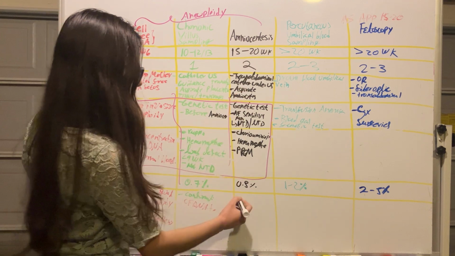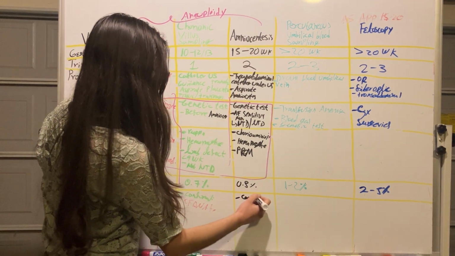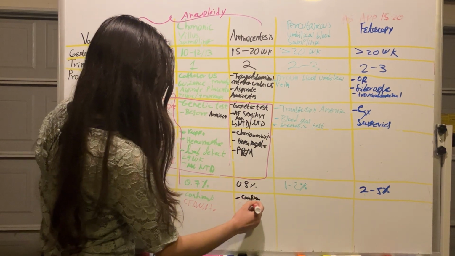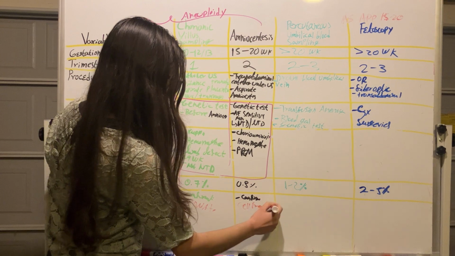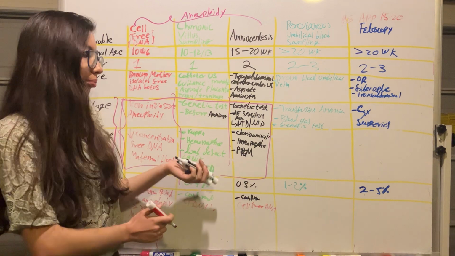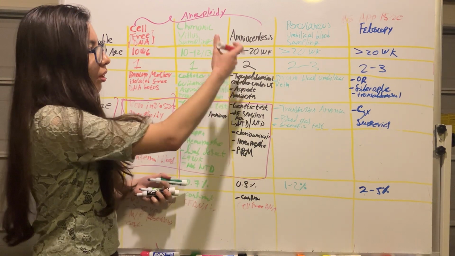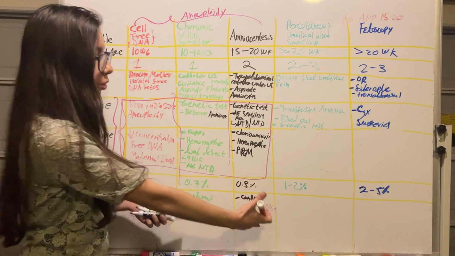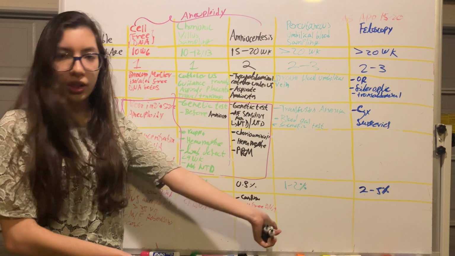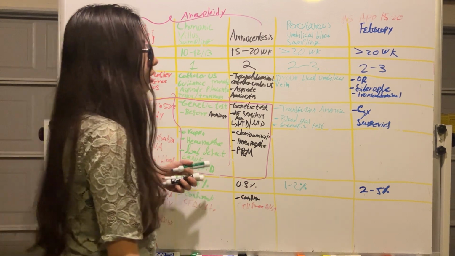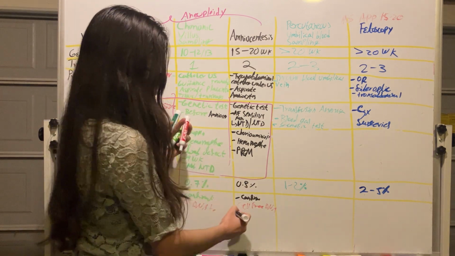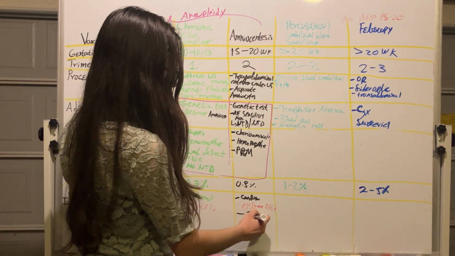So indications for amniocentesis: confirmation of cell-free DNA test. But normally amniocentesis we do it when we want to evaluate for aneuploidy, even though we haven't done cell-free DNA test. It's rare that we do cell-free DNA test. Also with amniocentesis, for example, if the mother is more than 35 years old.